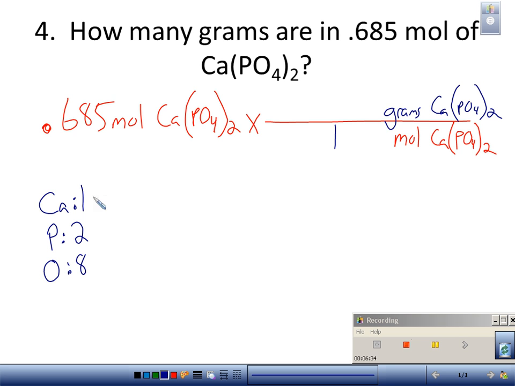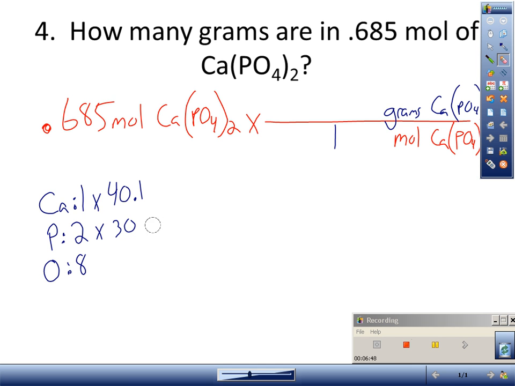I go to my periodic table, I look up the values. I'm going to round it to tenths.